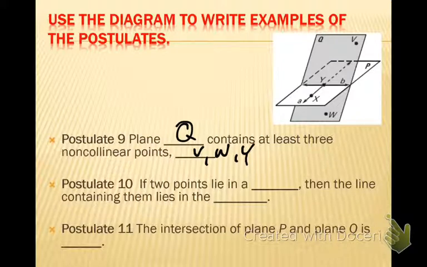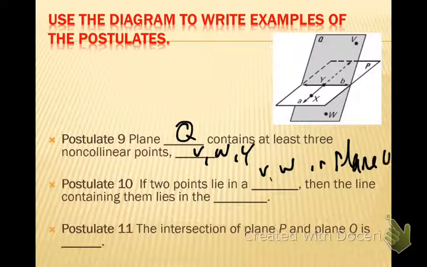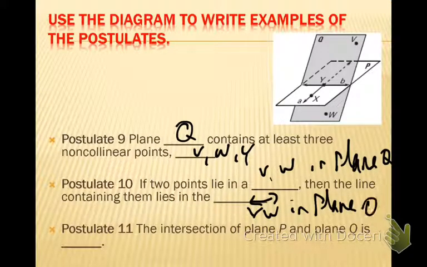Q. Okay, so points V and W are in plane Q, right? That means, what else has to be in plane Q? A little bit of a trick question. A line, right? So line VW is going to be in plane Q. Make sense?